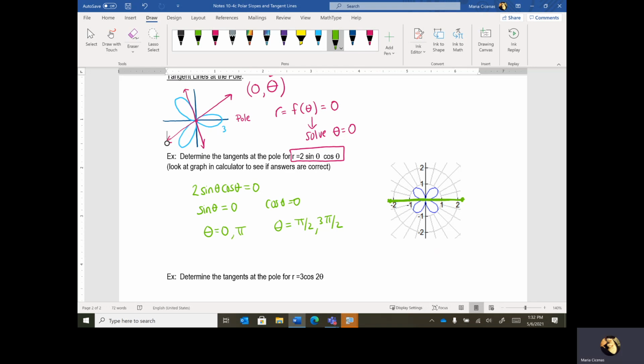We're thinking about theta equals, so you just need one of them. It's typically easiest to go with the smaller one. Same thing with pi over 2 and 3 pi over 2. Right, we can verify that.